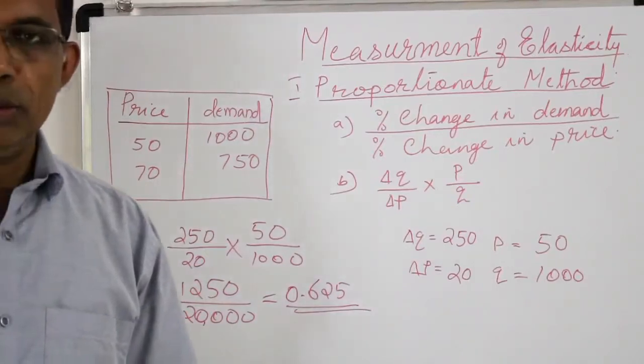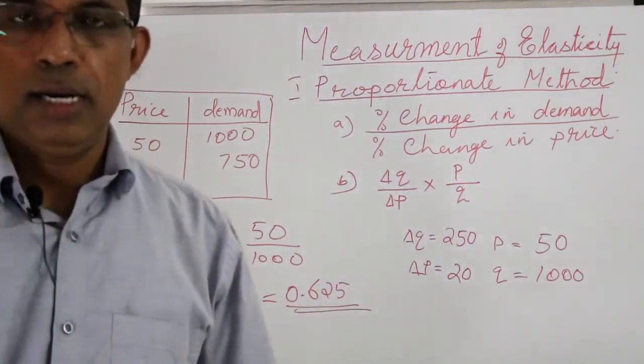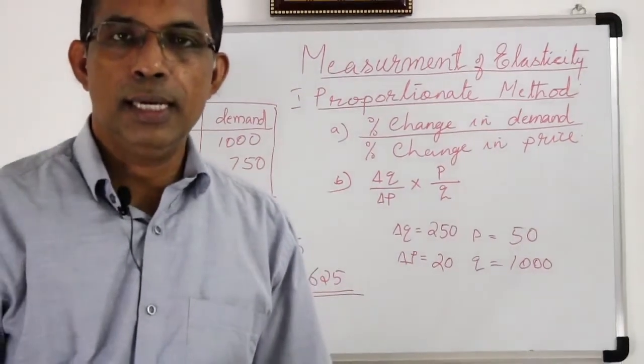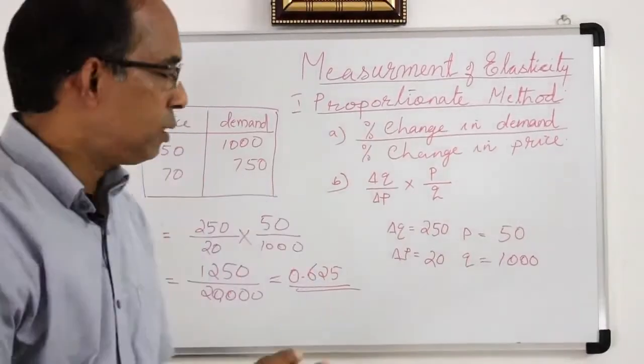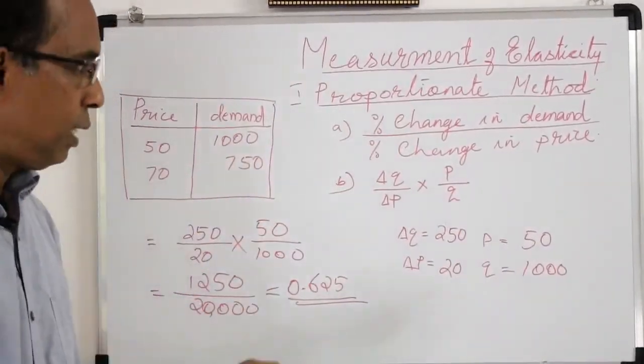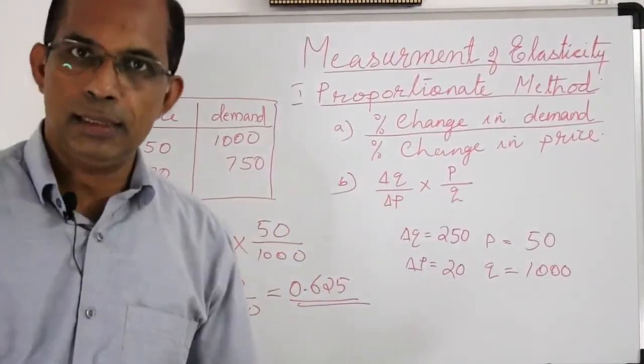That means the value that we got is less than 1. So we can come to the conclusion that the elasticity of this product is less elastic. That is the way of using this formula for calculating elasticity.